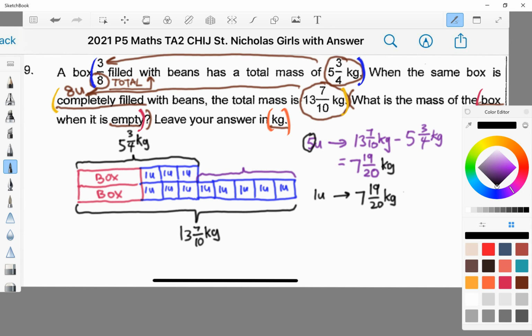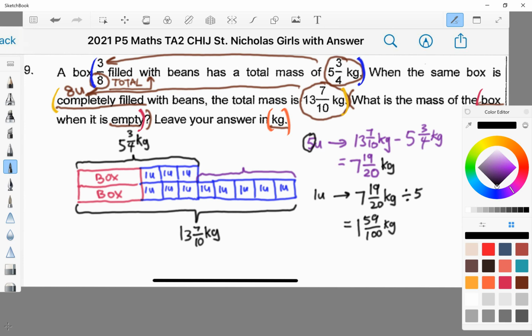So no problem at all. So if I were to divide by 5, what will be my answer? My answer will be 159 out of 100, or 1.59. Okay, so 159 out of 100 is the value of 1 unit.